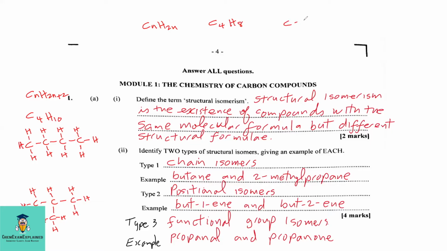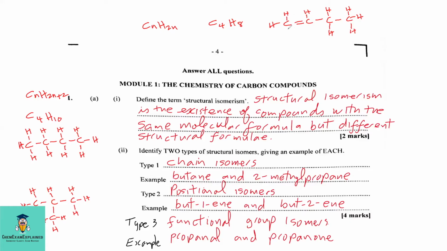So I have 1, 2, 3, 4, and that's my double bond there. Each carbon must have 4 bonds. So this is but-1-ene. The other isomer must be but-2-ene, where I change the position of the carbon-carbon double bond.